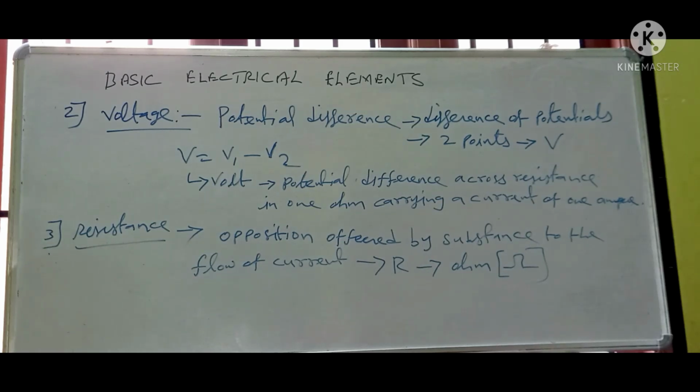The potential difference is defined as the potential difference across a resistance of 1 ohm carrying a current of 1 ampere.